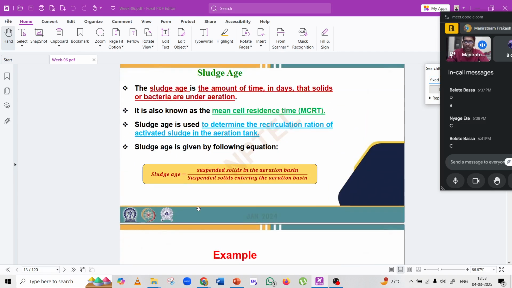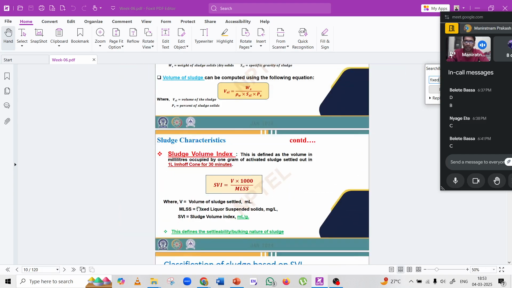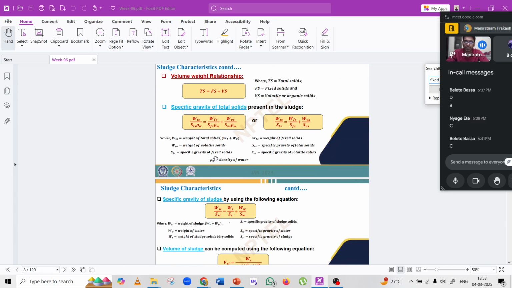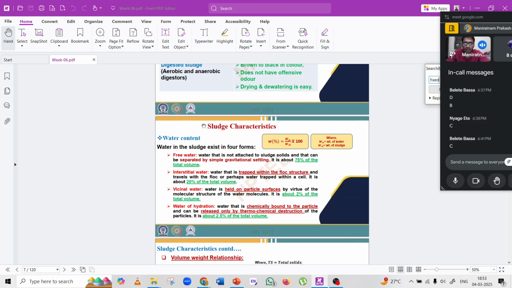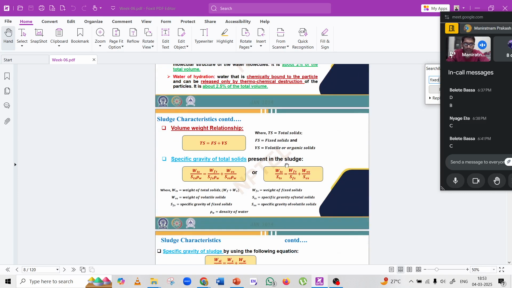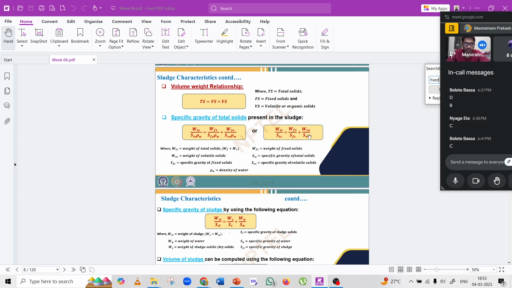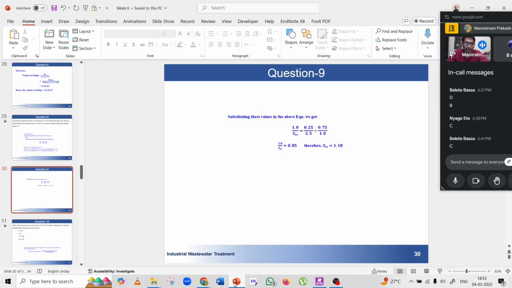So how this was found out, you can go and check. These are some of the relationships, the relationship between total solid and fixed solid. We know that in organic matter, if there is sludge, there is solid, then there will be fixed solid, then there will be volatile solid, and there is a relationship between the specific gravity of solids present in the sludge. All the things there are interchangeable. So I have used this formula to solve our question. All the values were given, we just substituted the values and found the answer.